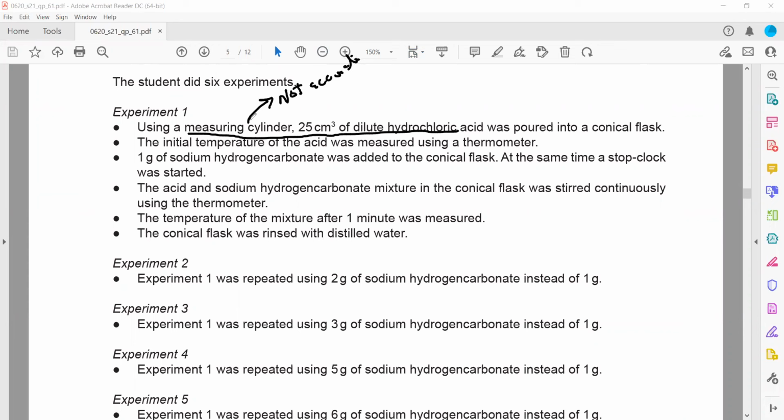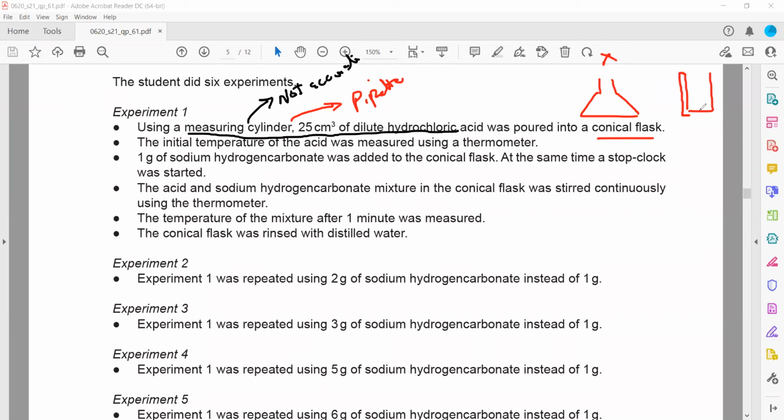So what we should change, a measuring cylinder should be changed by using a pipette or a burette, which is more accurate. And then we placed them in a conical flask and we are measuring a temperature change. But what should be the best way? Because if a reaction involves releasing heat energy or absorbing heat energy, we don't prefer to use a conical flask, we should use a polystyrene cup.